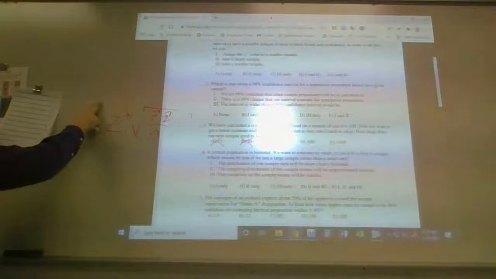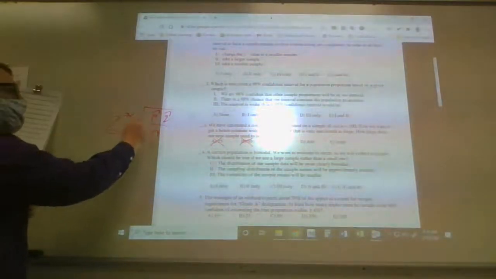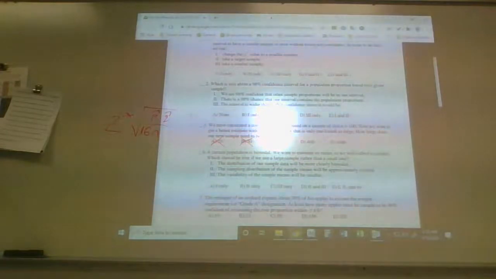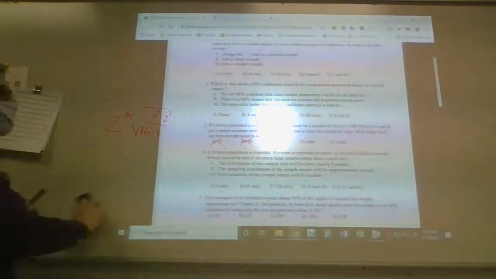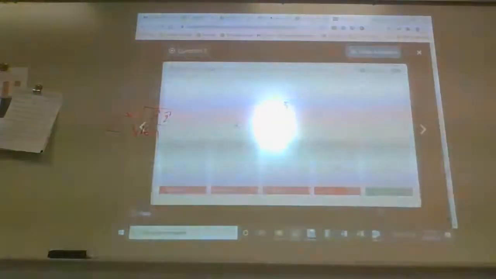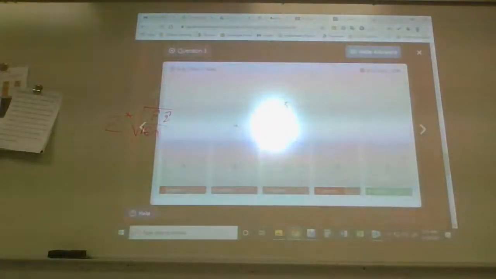The second that you bring that 1/4 back into the square root, it becomes a 16, because the square root of 16 is 4. So what are you doing to the sample size? You're multiplying it by 16, which means that if you want your margin of error to be 1/4 as large, you're going to need a sample, in this case, of 1600, which is why the answer is E.